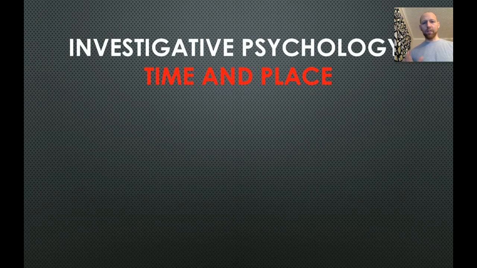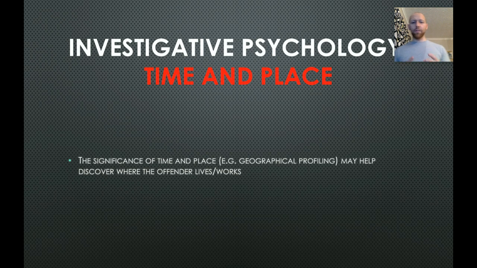Time and place is another important part of investigative psychology. Canter says that the significance of location can lead us to the potential offender because certain clues may be left behind. We're going to look at this in a bit more detail when we get to geographical profiling in just a wee bit.